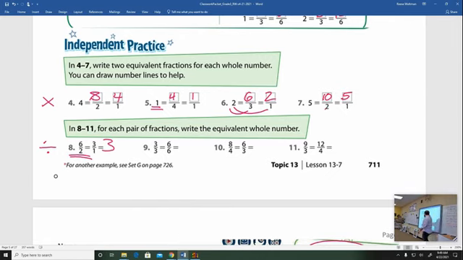Okay? Check it out. This one we already know. What's 3/3 and 6/6? They're the same thing. Everybody should know this one. 1 whole. That's right. What's 8 divided by 4? Not 4 divided by 8. Not 4 over 8, excuse me. 2.